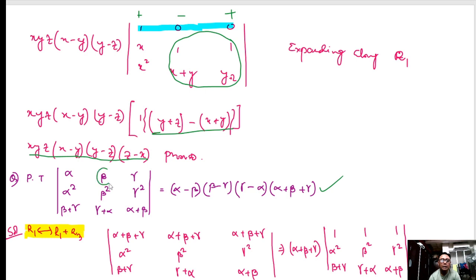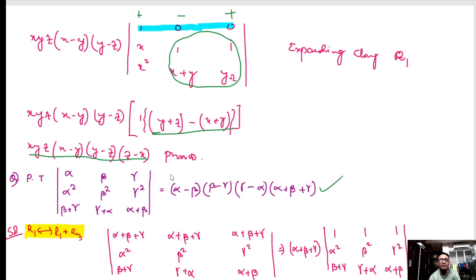Similarly, R1 plus R3 and keeping it in R3. And R1 plus R3 and keeping it in R1.